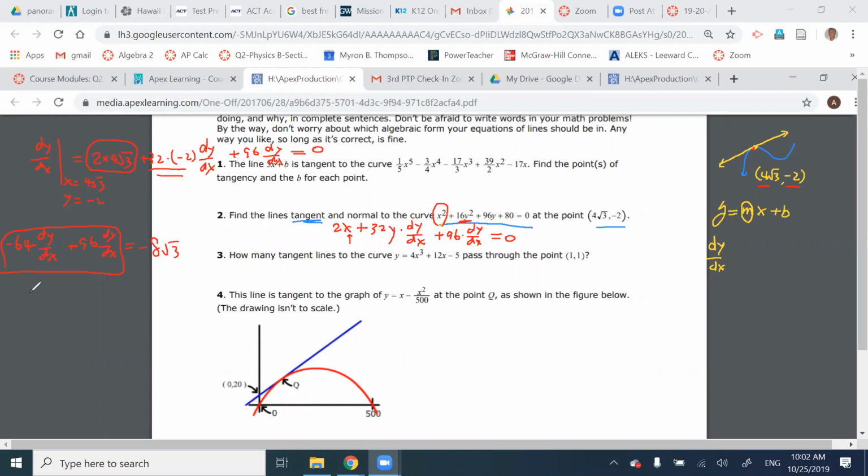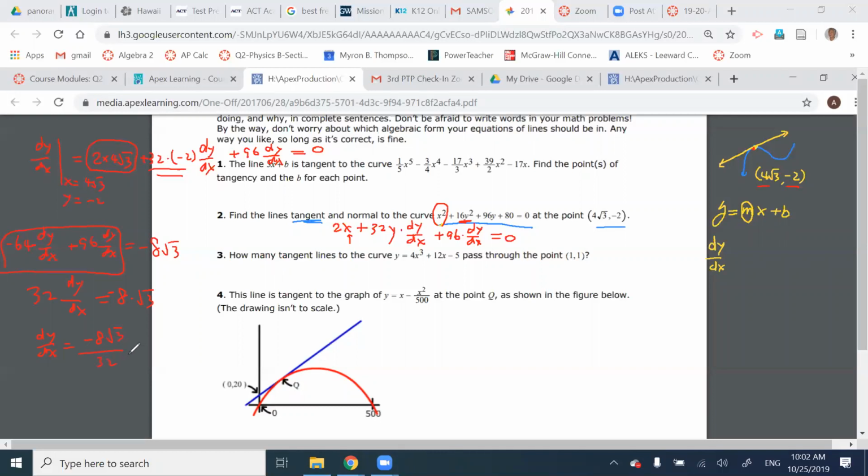You got 32. You got 32 of the dy/dx equals -8 root 3. No problem, right? Then you can find dy/dx equals the divided, so -8 root 3 over 32.